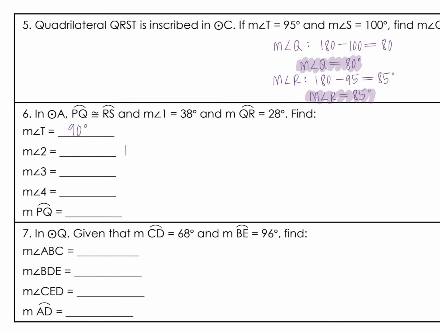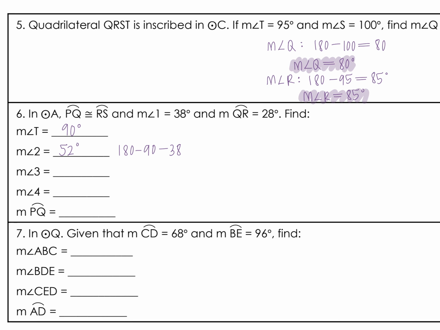So I'm going to take 180 minus 90 minus 38, which leaves me with 52 degrees. Okay, moving into the measure of angle 3.